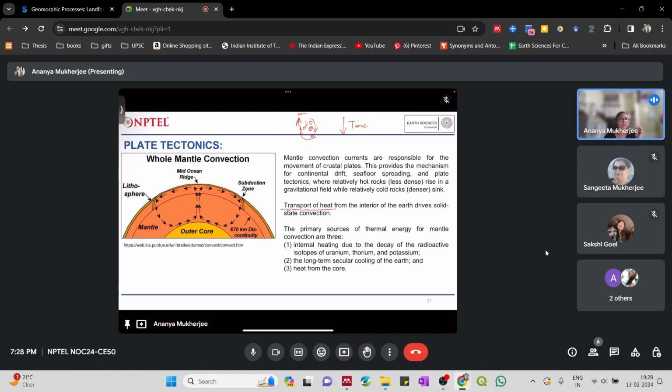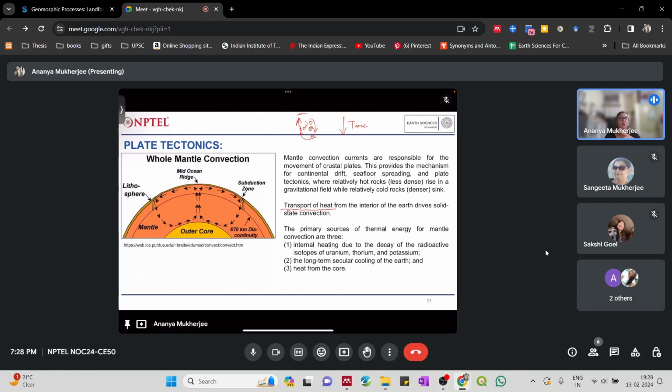One is the internal heating due to the decay of radioactive elements, okay. The Earth's mantle consists of a lot of radioactive elements, and decay of these radioactive elements to their isotopes actually generates heat, okay. So this is one important source of internal heat that gives rise to these convection currents.